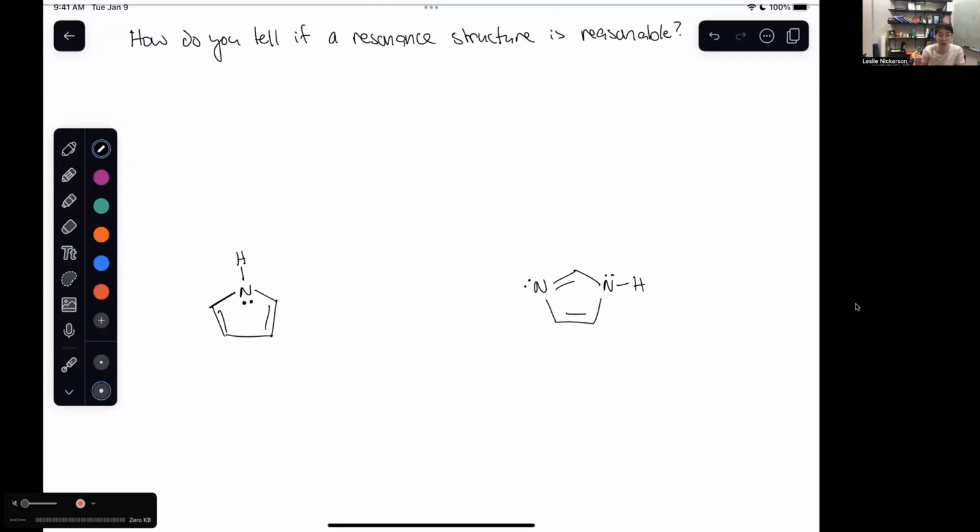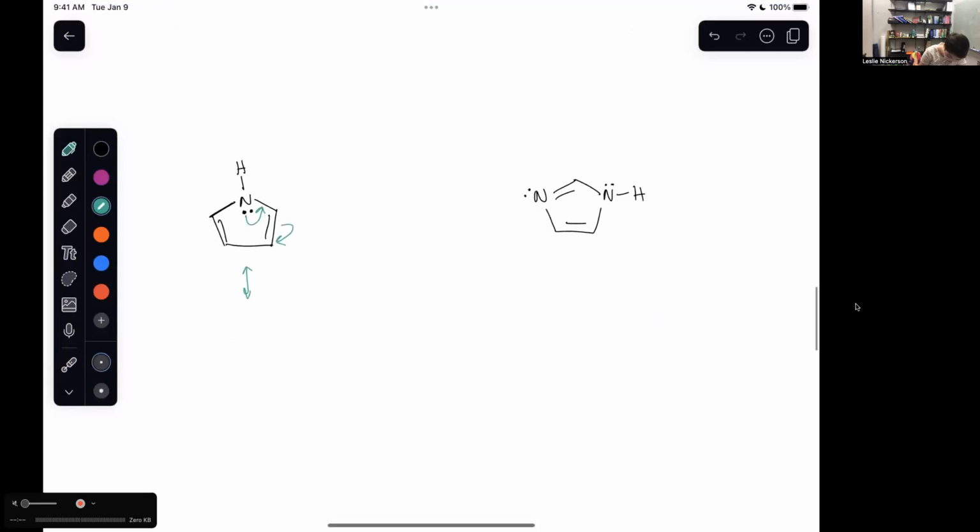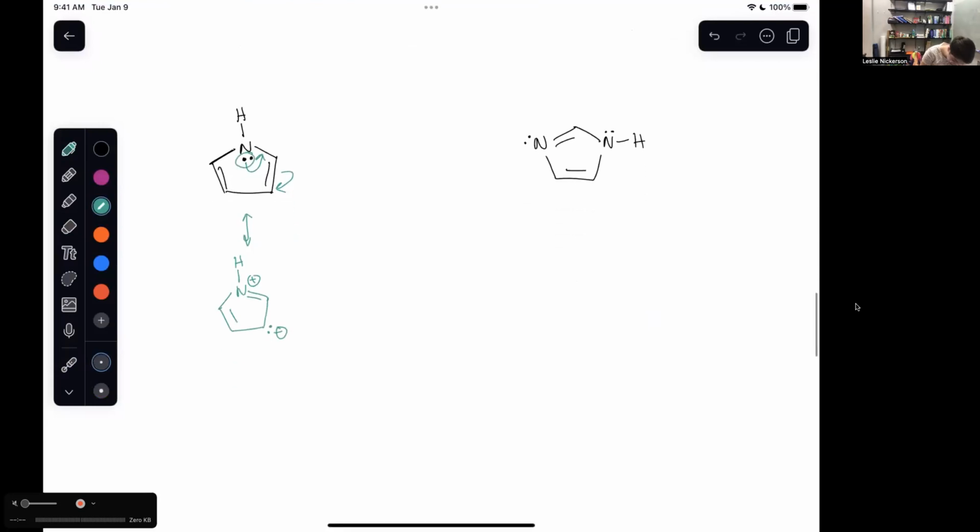So again, we're going to do the same kind of process here, where we want to think about, can I do resonance reasonably with these structures? Okay, so I have that as a resonance structure. That all looks pretty reasonable. So again, this is going to be a delocalized lone pair.